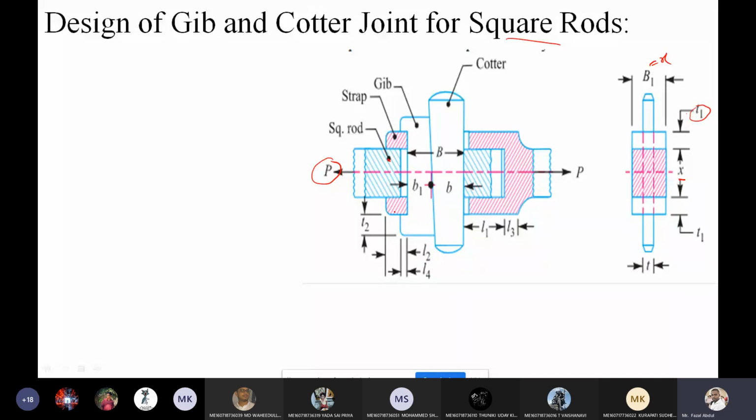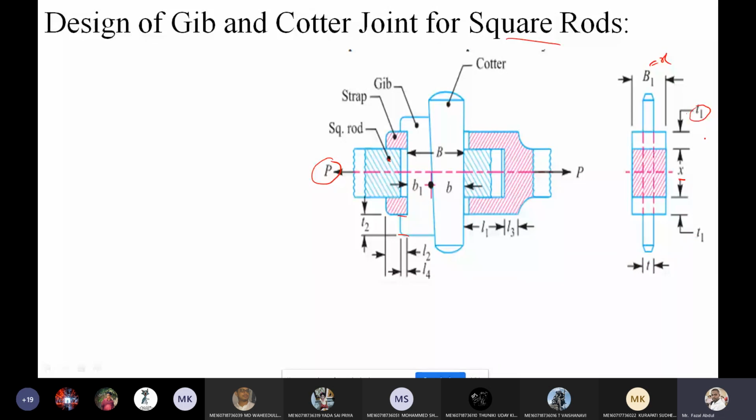T2 means the thickness of the gib head, here to here. Before designing, you should be perfect with this terminology. And t is the thickness of the quarter, and t1 we already discussed.